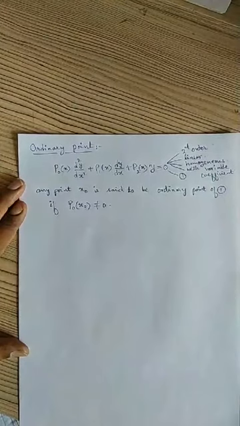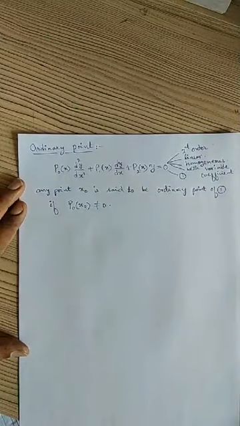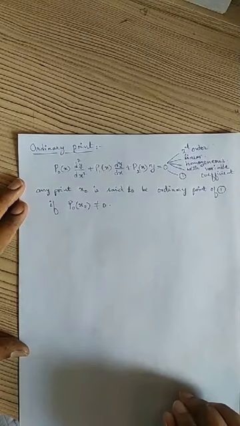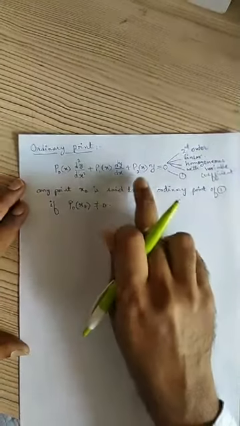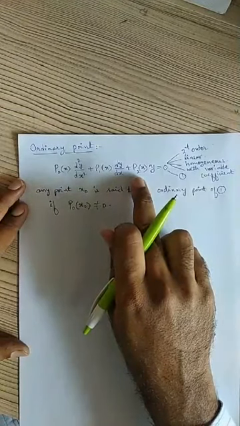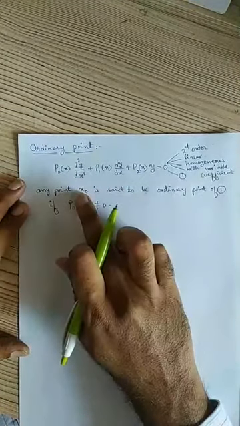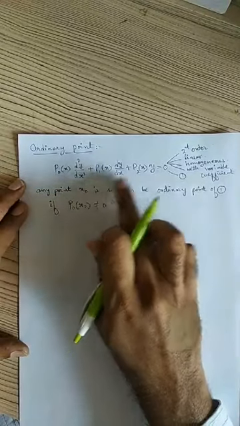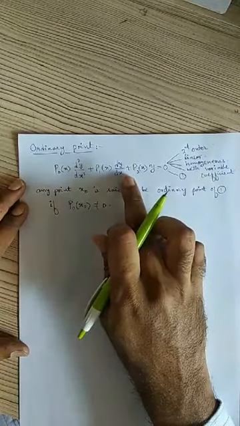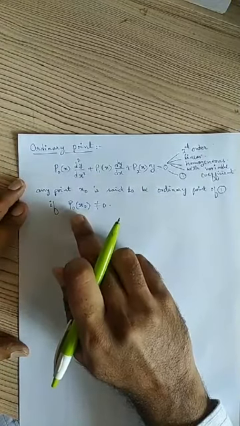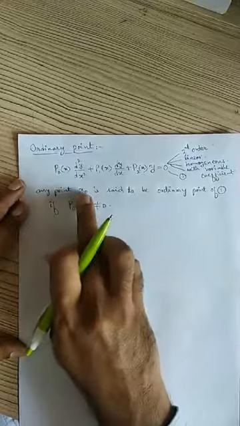If P naught of x naught is not equal to 0, then we say that point is the ordinary point for the given differential equation. So for a second order linear homogeneous differential equation with variable coefficients, any point x naught is said to be an ordinary point when this condition is satisfied. What is this condition? P naught of x naught should not be equal to 0.